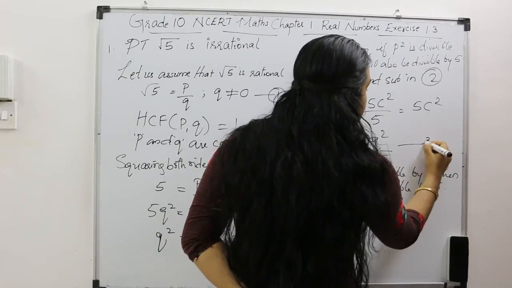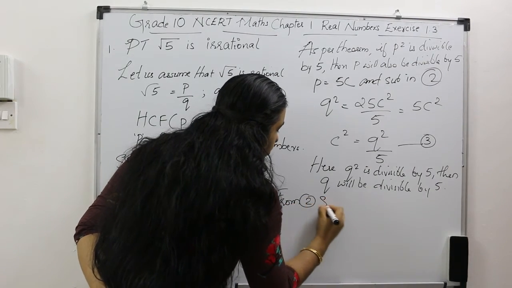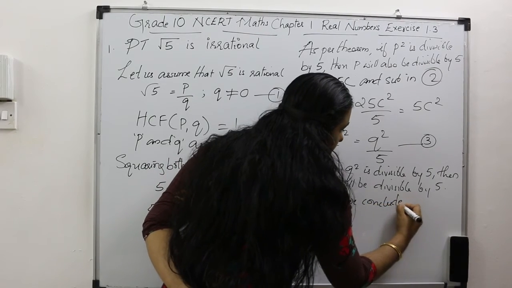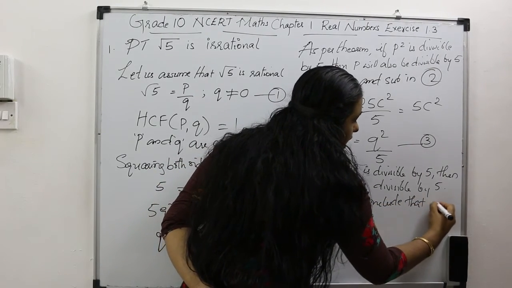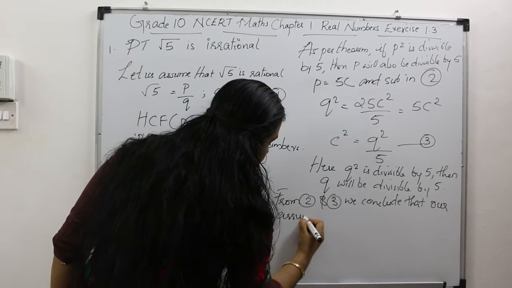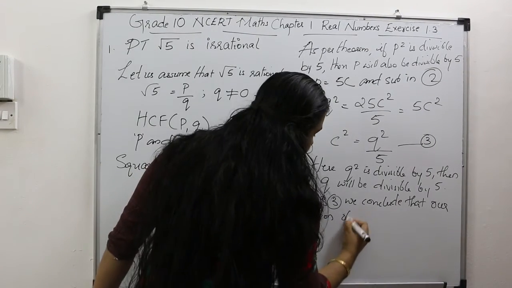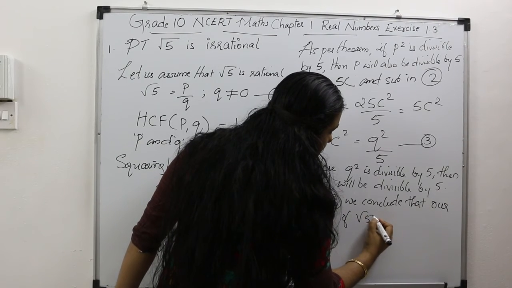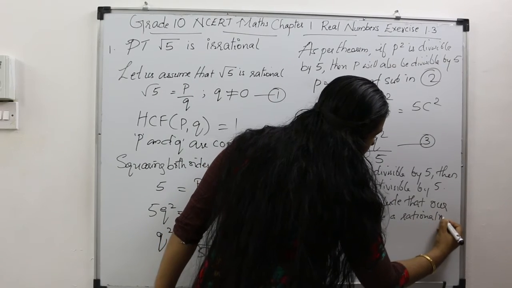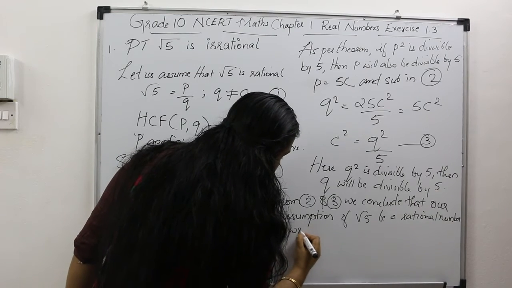This is equation 3. So from equation 2 and 3, we conclude that our assumption of root 5 being a rational number is wrong.